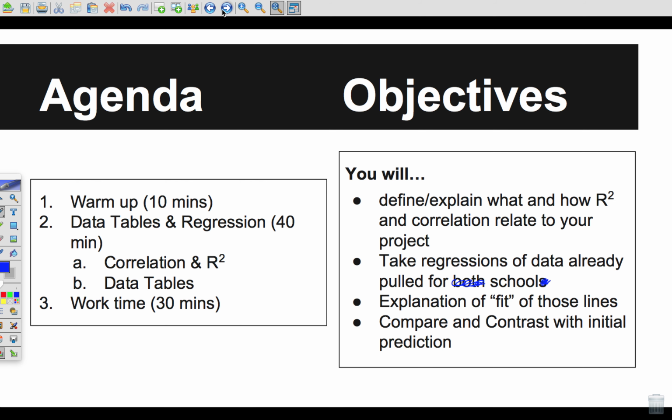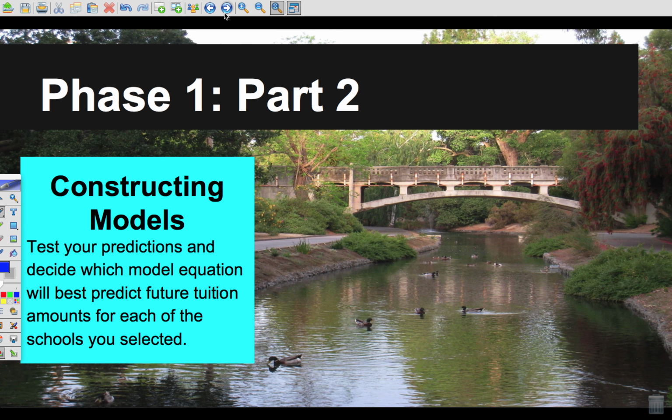What did you think? Okay, so the next part of your project is asking you to test, is your prediction linear, the polynomial one, exponential. Is it correct? Which one will be the best prediction for your future tuitions for the school that you selected? So that's what we're going to learn how to do.